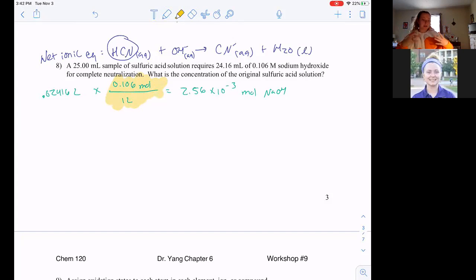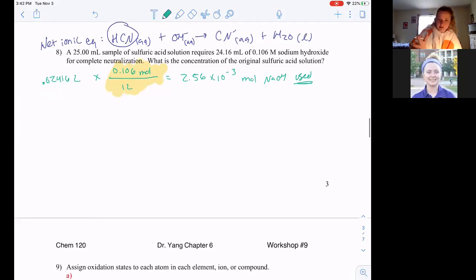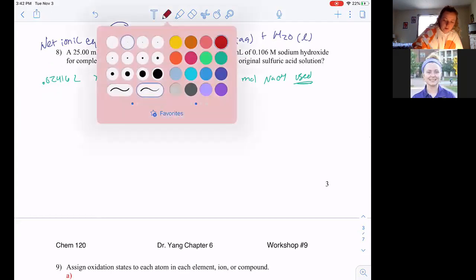If this is 0.106 molarity, then you think about it, I have a whole liter. That means I have 0.106 moles, and that's how you can make that conversion. That was confusing me as well. So this is used to neutralize it.